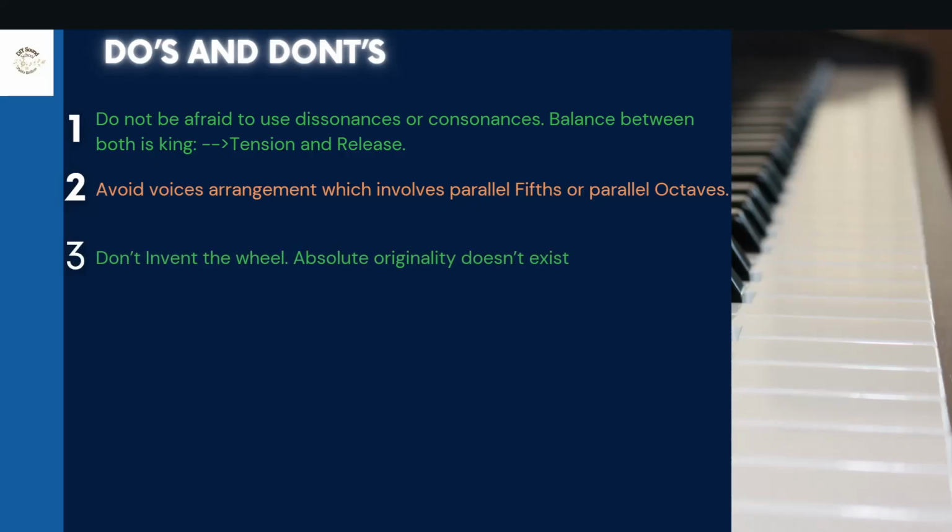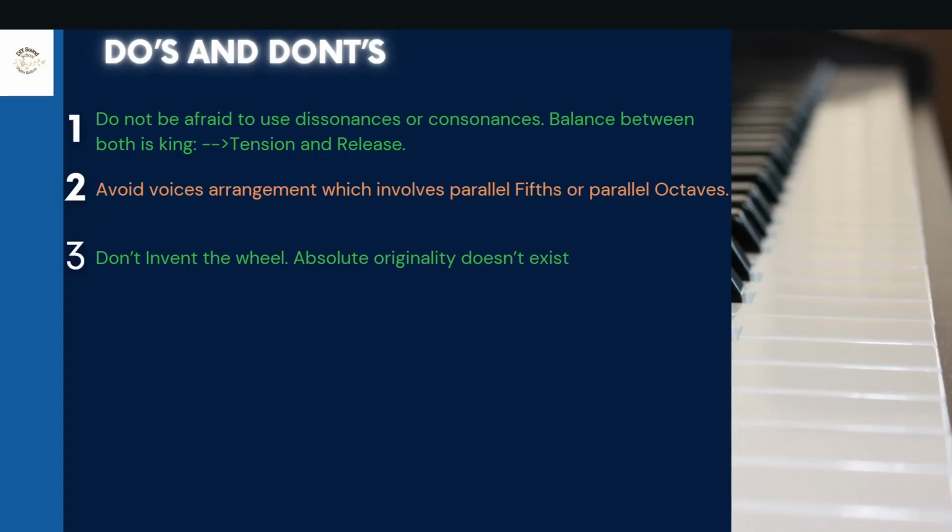Item number 3, or do's and don'ts number 3: try not to reinvent the wheel. And let me tell you that there is no absolute originality in anything. Originality is a concept that is applied to each individual based on their background, on what they've heard in music all the time.